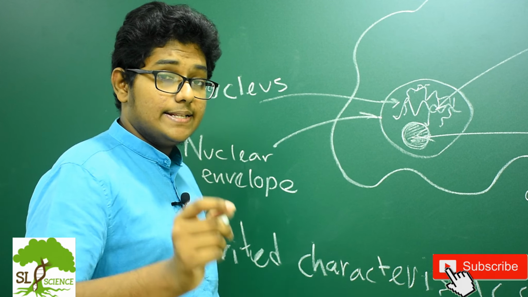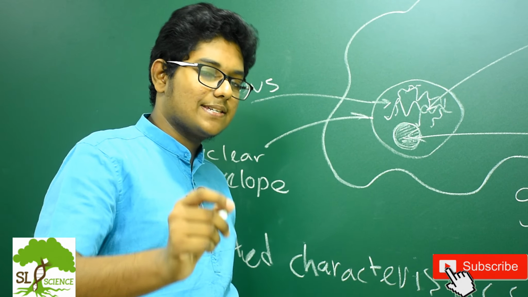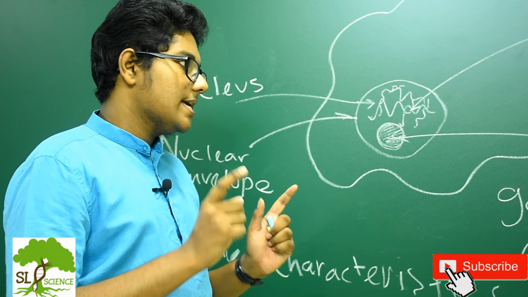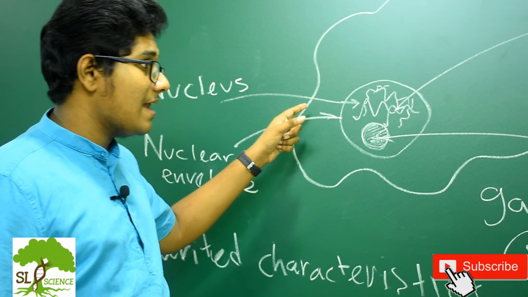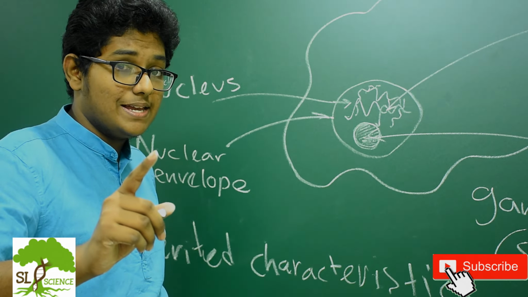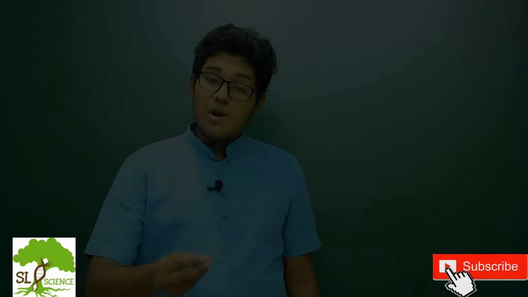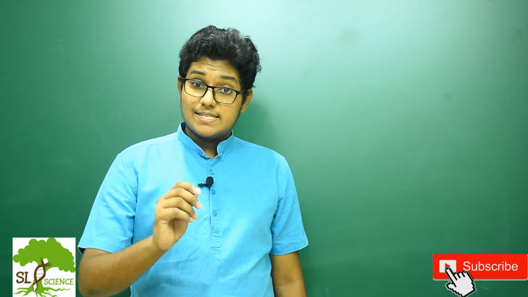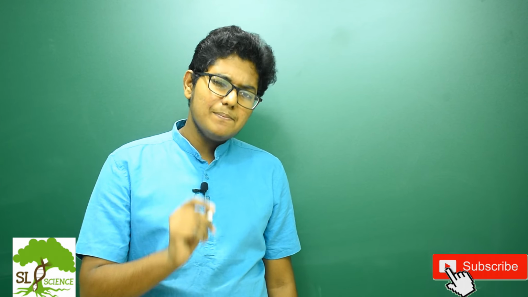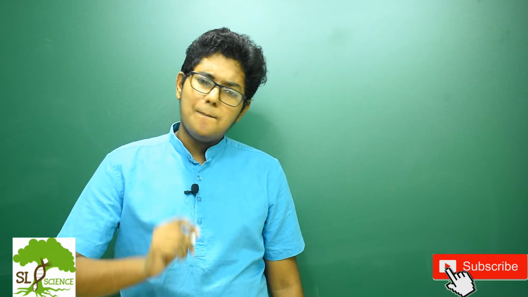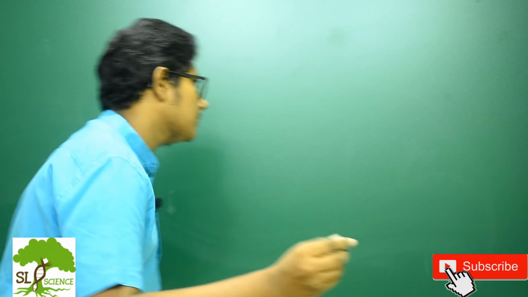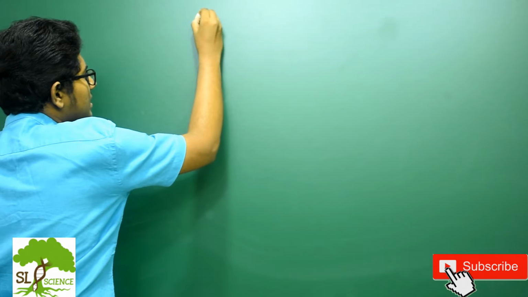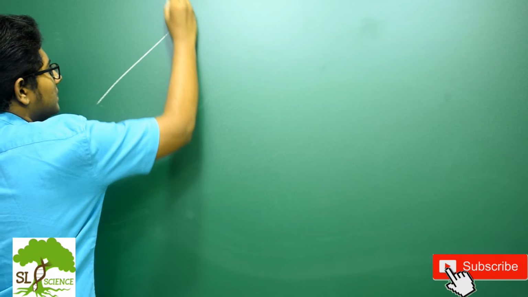All right, then let's discuss the cell membrane and the cell wall in plant cells. Now let's discuss the cell wall. The cell wall can only be seen in the plant cell. When we consider a plant cell, it's something like this.